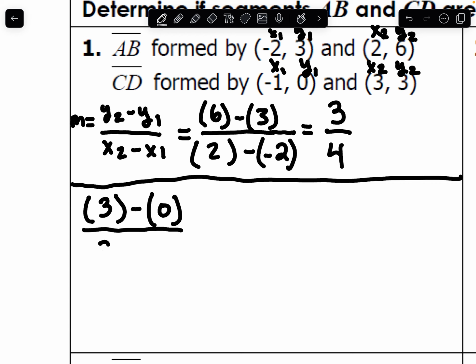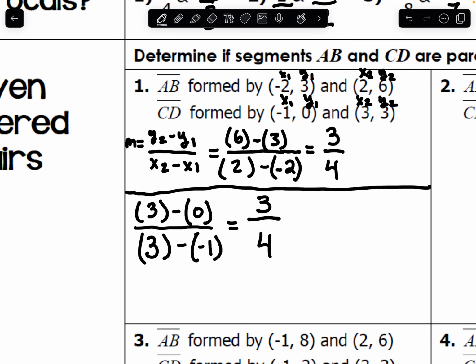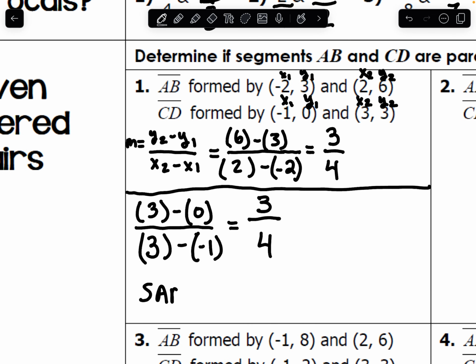From the top one, x2 is 3 minus x1 is -1. So that's 3 minus 0 is 3, and 3 minus negative 1 is going to be 3 plus 1, which is 4. Since they are the same, I would say same. That means parallel.